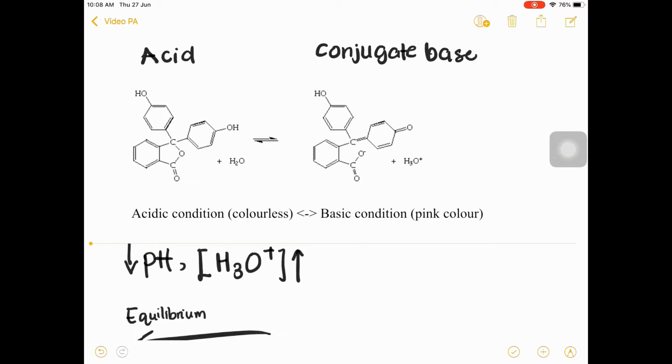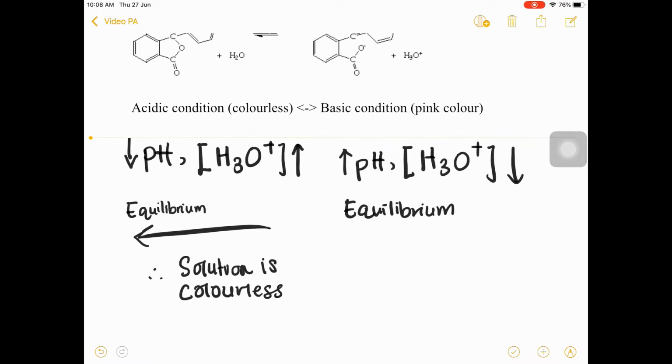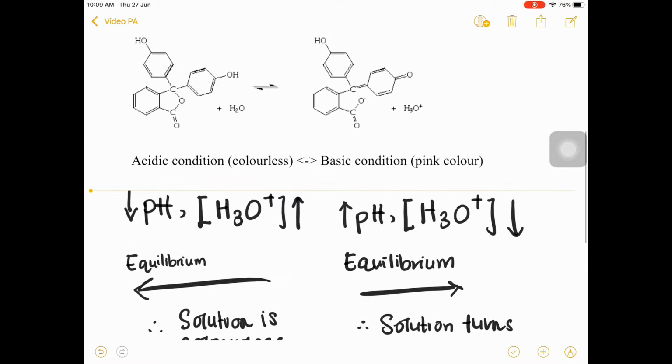At high pH, or under basic conditions, the hydronium ion level will be low, and this is achieved after all the aspirin has been neutralized, and we are at the end point of titration. In this case, equilibrium will shift to the right, and the concentration of anions is enough for the pink color to be observed.